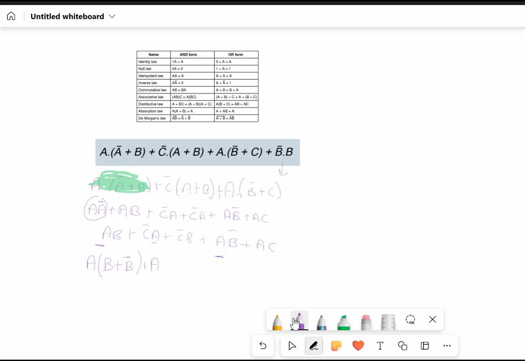So let's do an or here, sorry. Not C or C, and then we're left with not CB. So if we simplify that, this would be B or not B, which gives us 1. This gives us 1, so A1 or A1, or not CB. And then we've just got A or not CB.